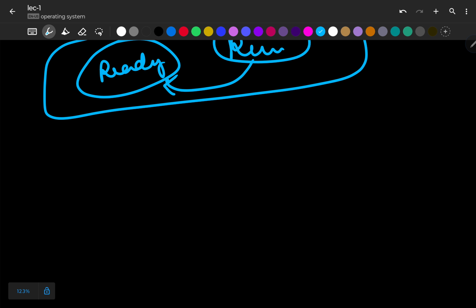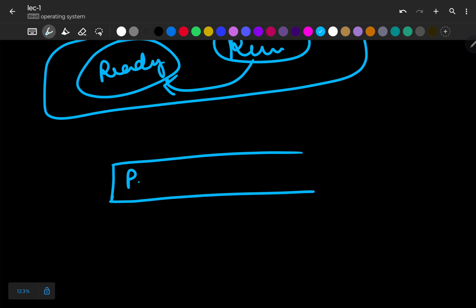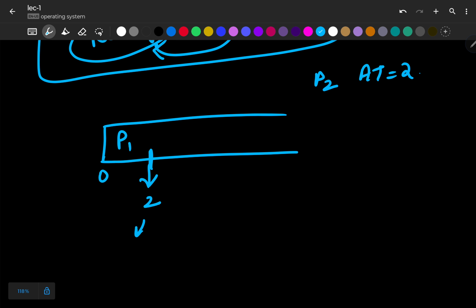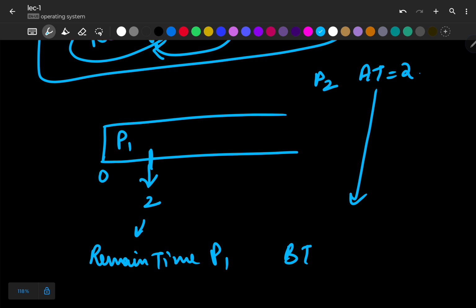Suppose P1 is running and another process P2 comes whose arrival time is, suppose, 2. So now at the time 2 units, what are we going to check? We are going to check the remaining time for P1 and the burst time or execution time of P2.